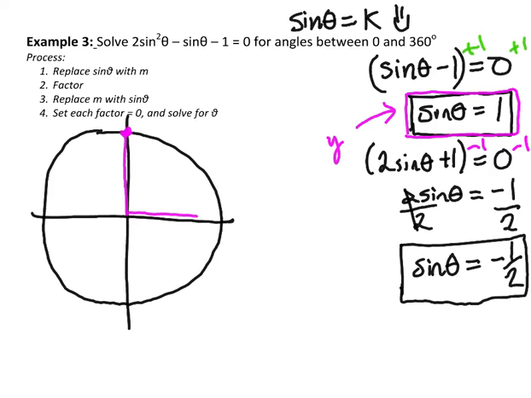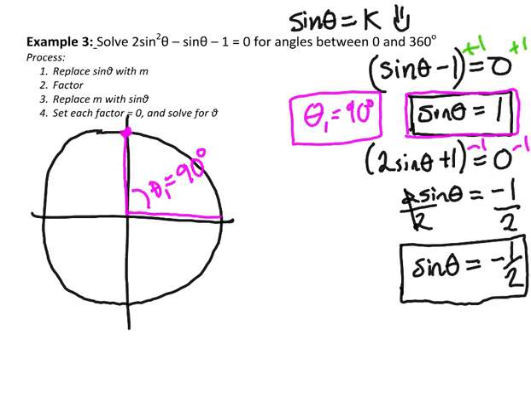So this is a special angle as well, and you can read it right off this unit circle. That angle, that theta right there, is equal to 90 degrees. So the very first solution we've got here comes from this one, and that is that the angle theta equals 90 degrees. So that's my first answer to this problem.